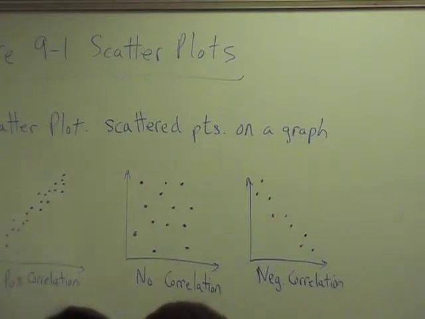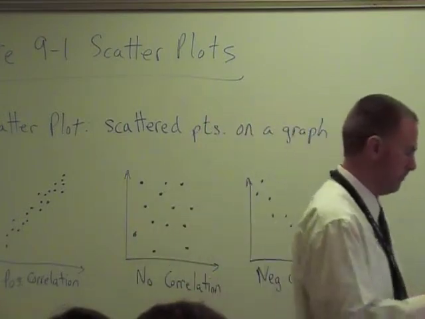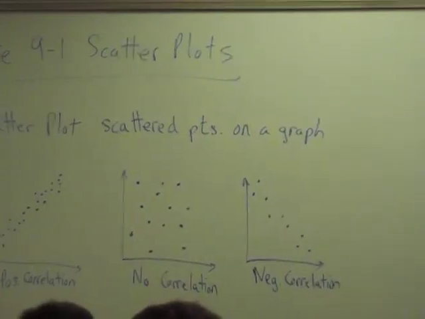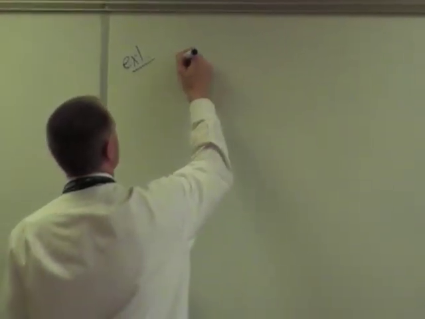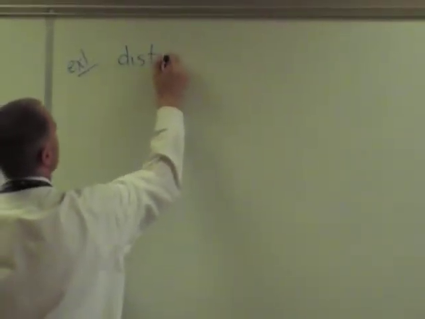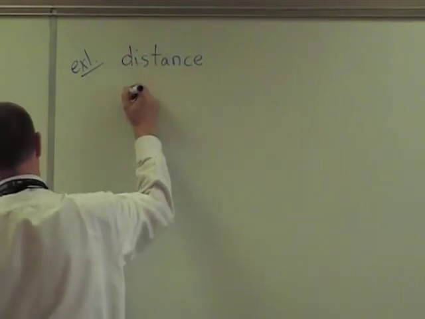Okay, so we actually are going to talk about a line today. So there's not much to today's lesson, but I'm going to talk about a specific type of problem. So we have an XY chart.